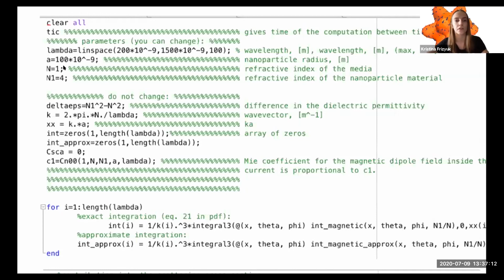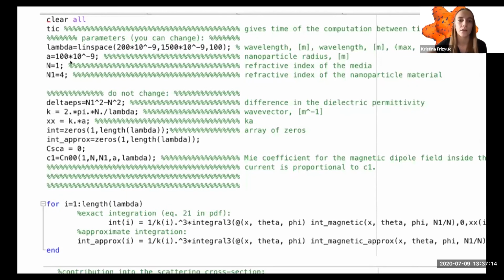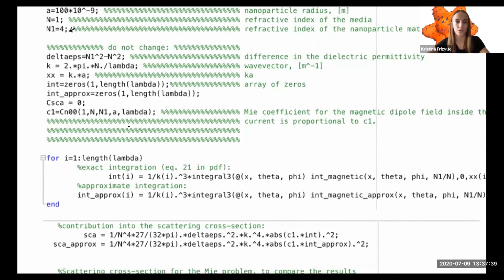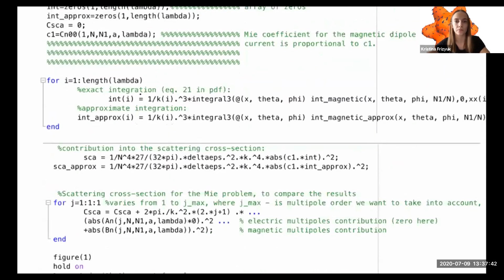This is the refractive index of the media, and here the refractive index of the nanoparticle. So it can be, for example, a silicon nanoparticle, because the refractive index of silicon is close to 4, but not exactly 4. These are just parameters which depend on this, and you don't need to change them because they're connected with the previous ones.